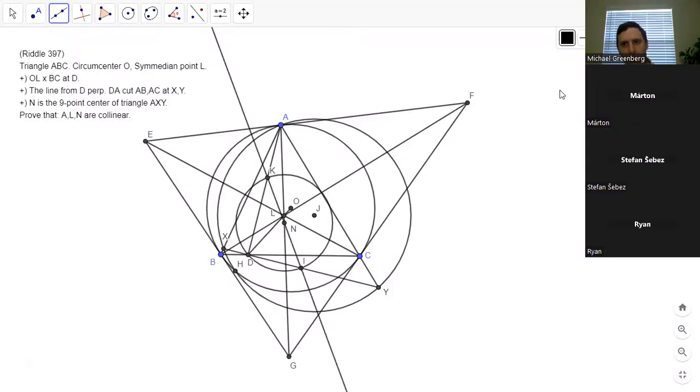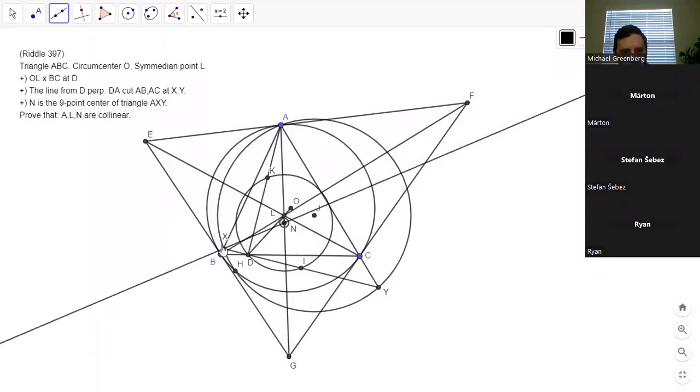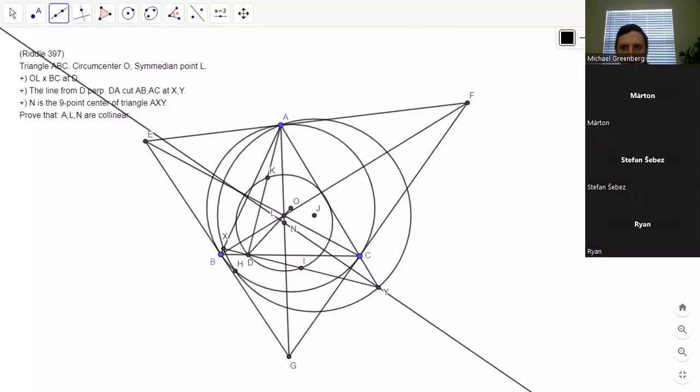So homothety about N with ratio 2 will take that circle to AXY. Can we say anything else?